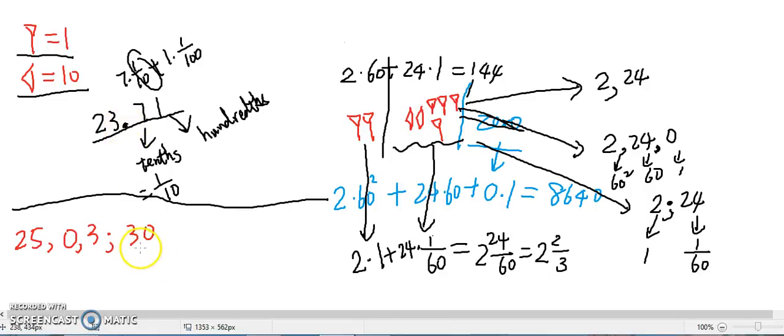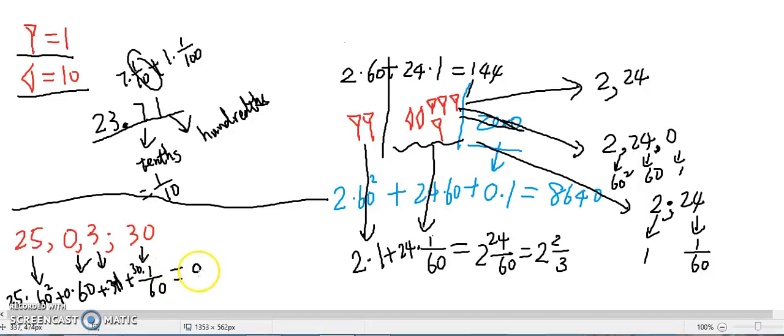So this is the fraction. This place value is 1/60, and these will represent 1s, 60s, and 60 squared. So we're going to do 25 times 60 squared plus 0 times 60 plus 3 times 1, plus 30 times 1/60.